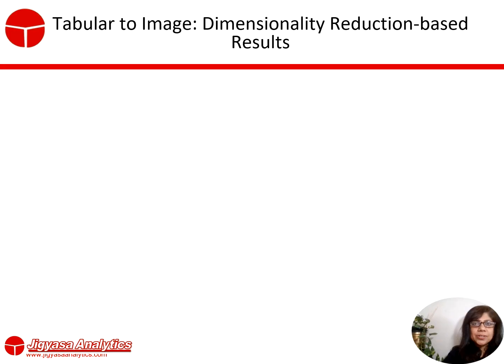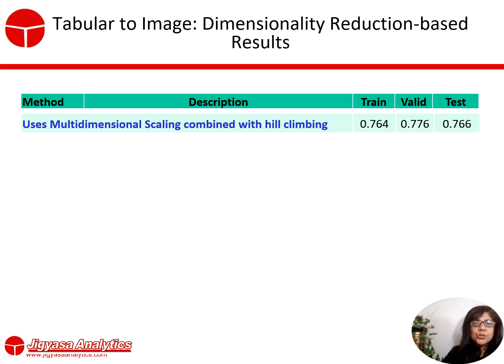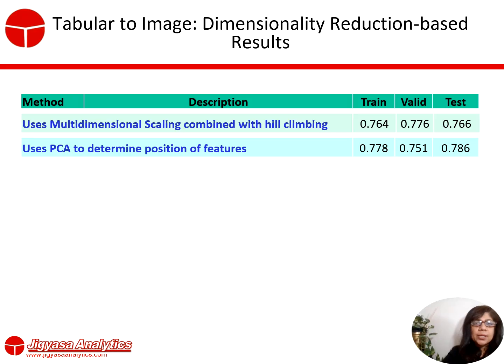This slide shows the results from several dimensionality reduction-based methods. In each of these cases, a different dimensionality reduction technique is used to convert a high-dimensional feature vector into 2 dimensions. And then those 2 dimensions are used to plot the features in a 2-dimensional space. The first row shows the results when multidimensional scaling is used. The second row shows the case where principal components analysis is used.